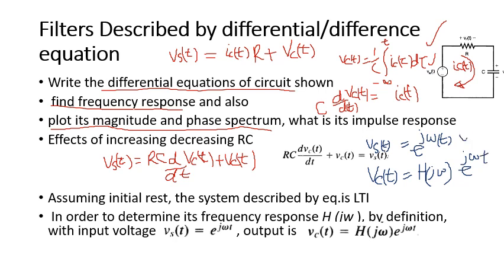Because this is the complex exponential input, the output will be the complex exponential times the system's frequency response, which we have already discussed in the previous lecture. So let's replace v_C(t) with this value. So this is our equation.